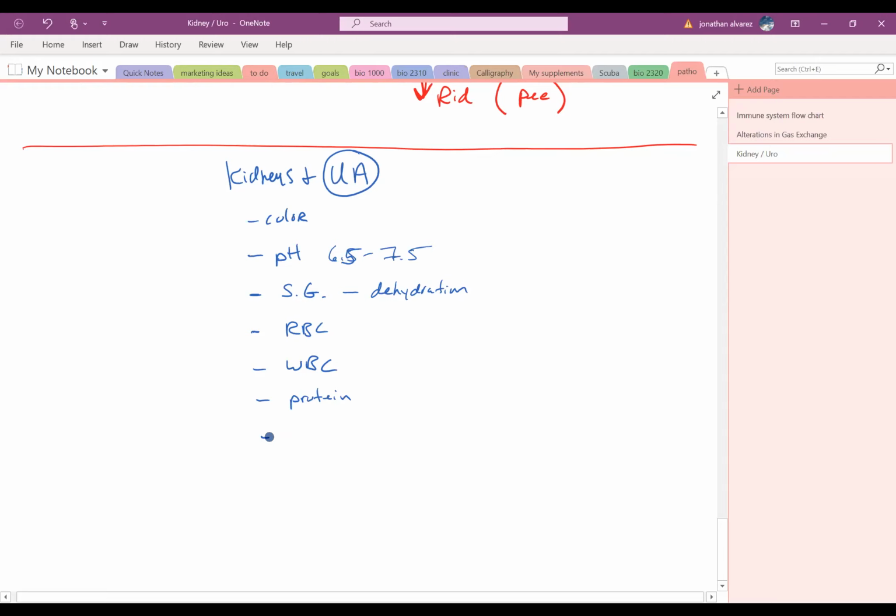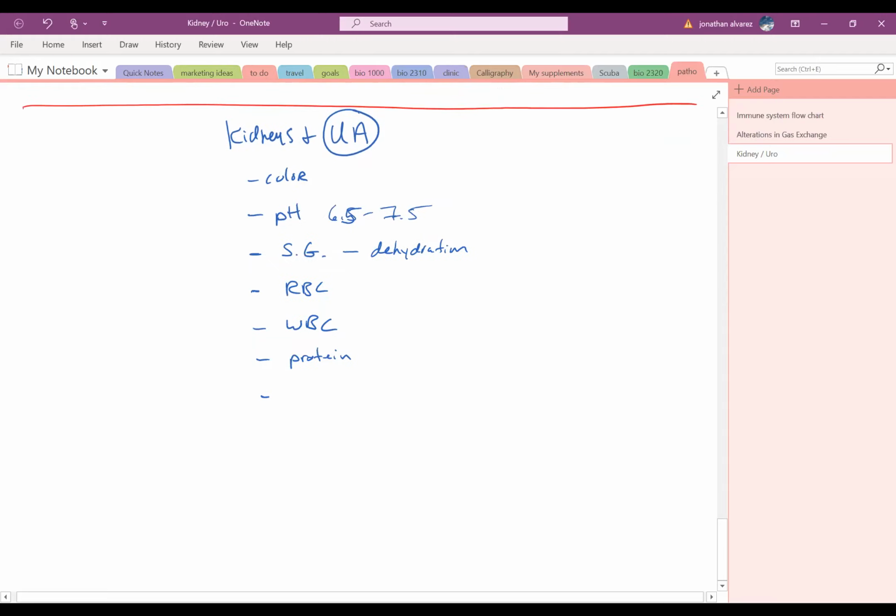You shouldn't find protein in the urine. Glucose, ketones. Nitrites, casts, and crystals.